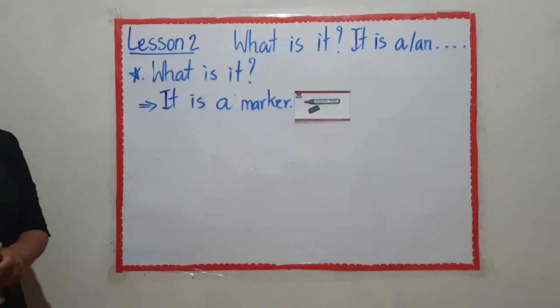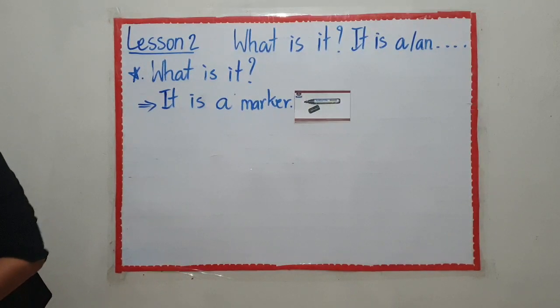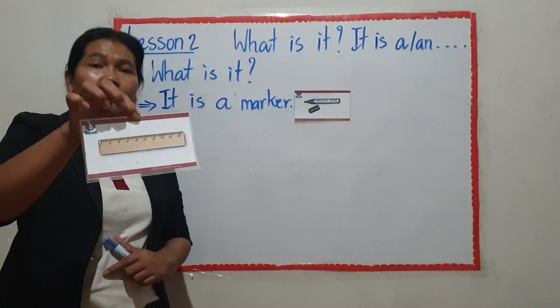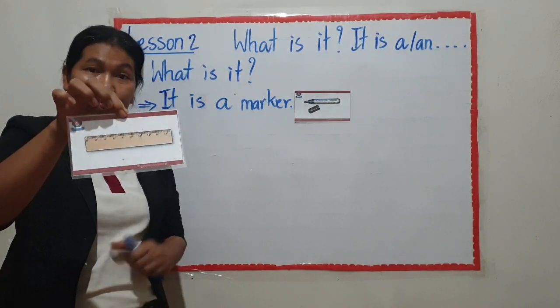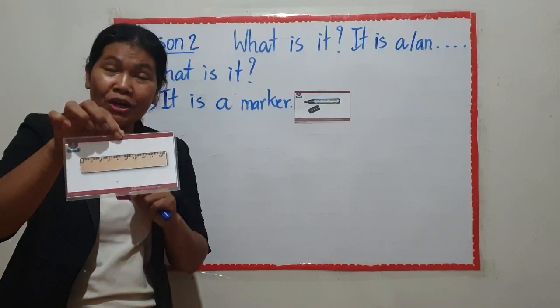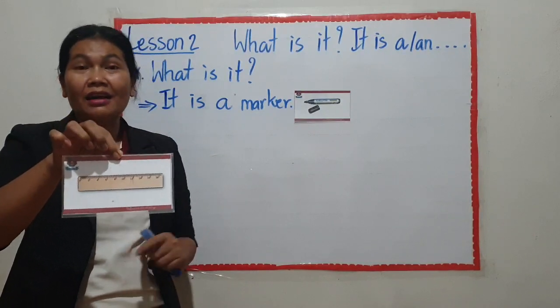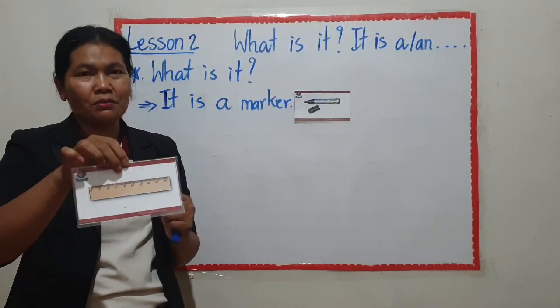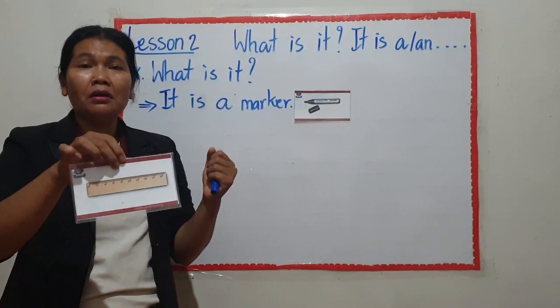Okay. So one more. Teacher is going to ask you again the same question because teacher would like everyone to practice it. What is it? We always use this in our school, right? In our class, when we study, we use this one because the lesson is about my school.